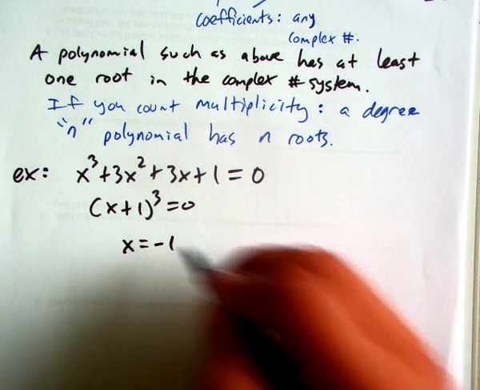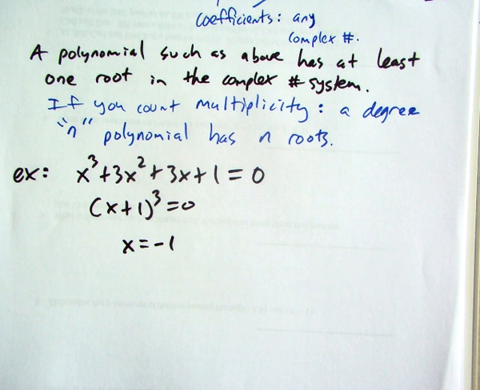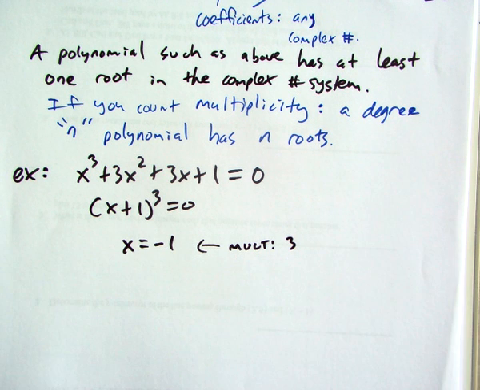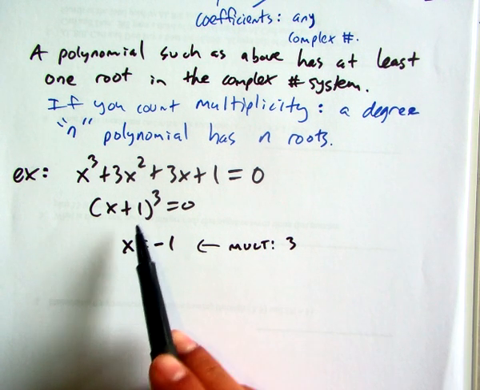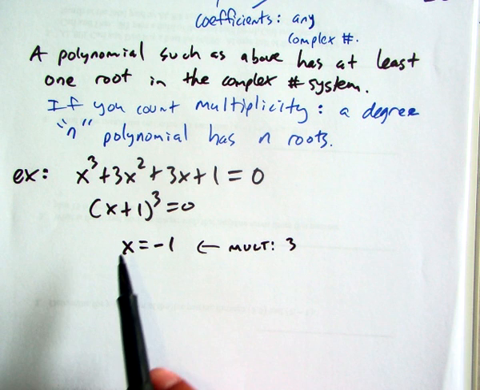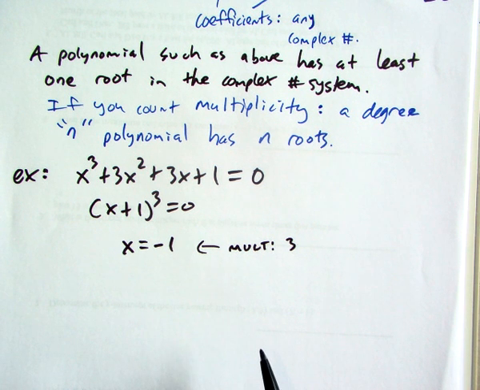Negative 1. But what's the multiplicity? So in other words, negative 1 gets counted 3 times, because it would show up as (x plus 1) times (x plus 1) times (x plus 1). Does that kind of make sense? You're never going to have over 3 roots, but you're always going to have at least 1.